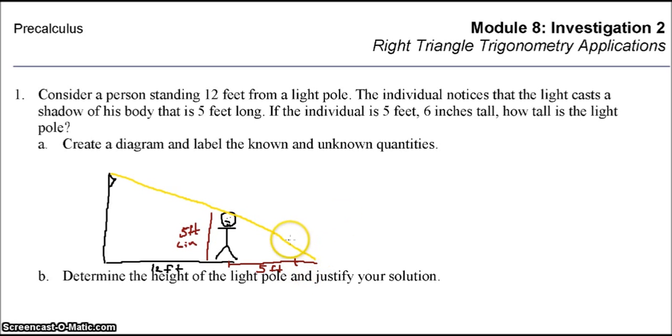Okay, that is not a very good diagram. I'll be doing better without this computer drawing apparatus. Determine the height of the pole and justify your position. So here's the height.